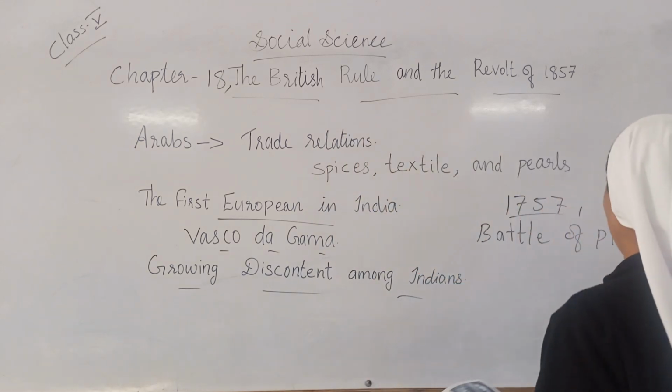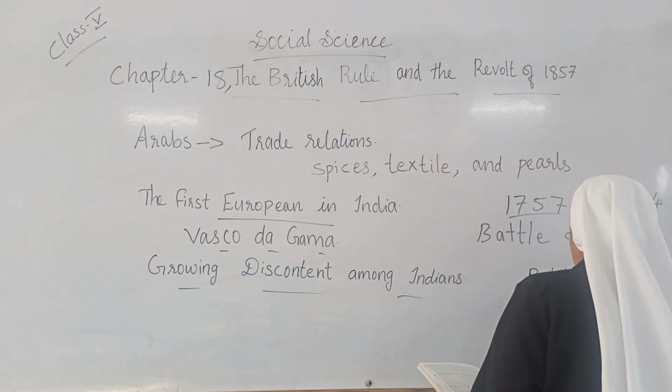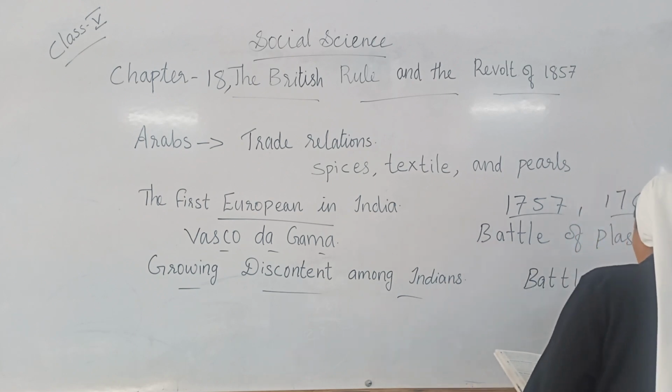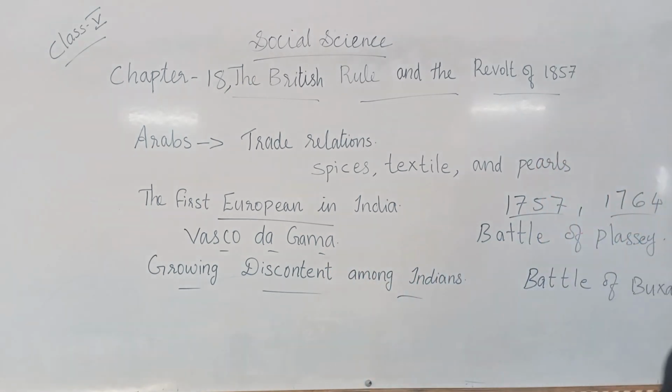So two battles took place: the first one in 1757, the Battle of Plassey, and in 1764, the Battle of Buxar.